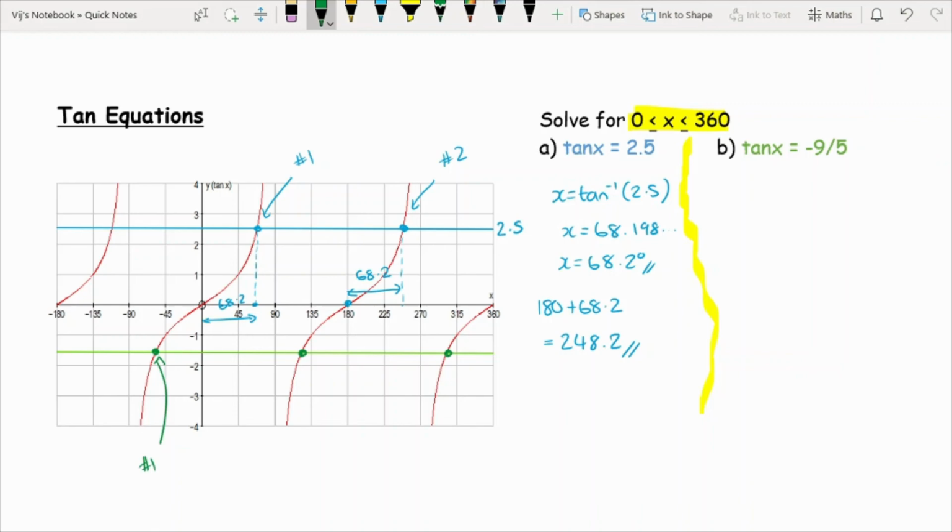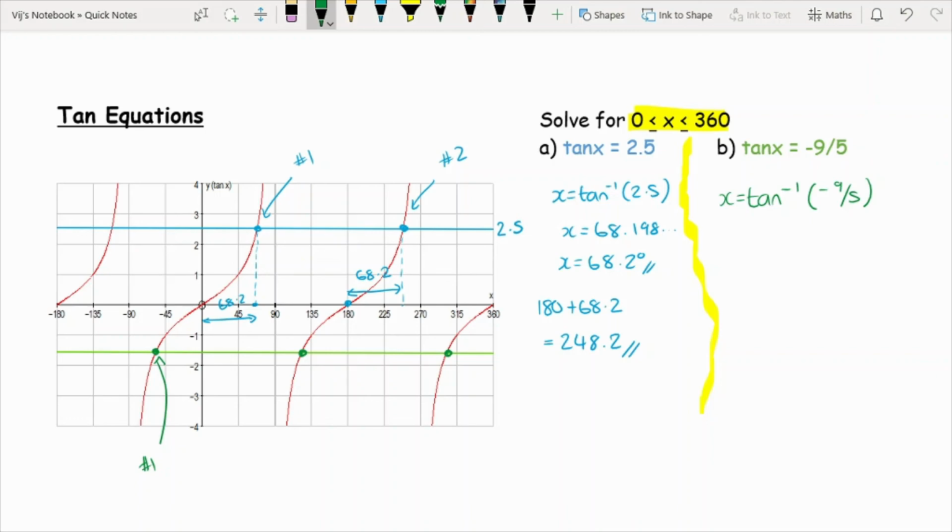So if I type into my calculator inverse tan of minus 9/5, my calculator should give me that angle that is on the negative side of the y-axis.